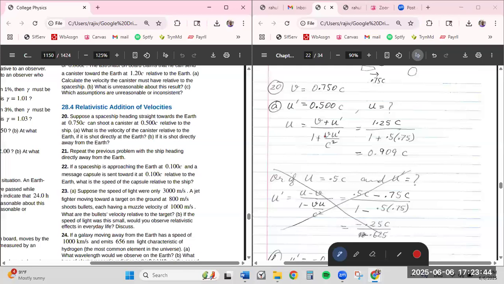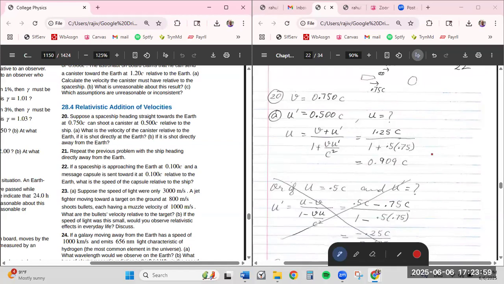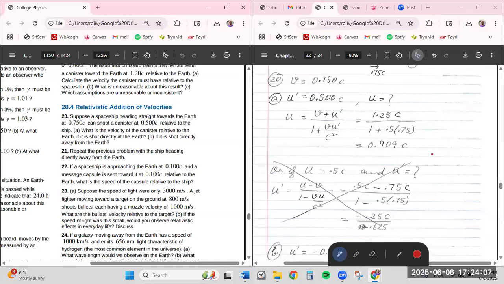Since V and u prime are both expressed as multiples of c, the c squared gets canceled out, and you're left with this. The answer comes out to be 0.909 c. So that's the velocity of the canister relative to Earth.